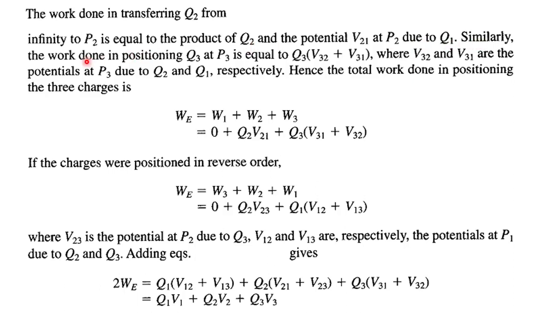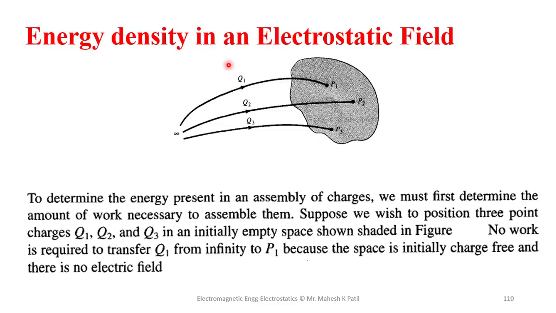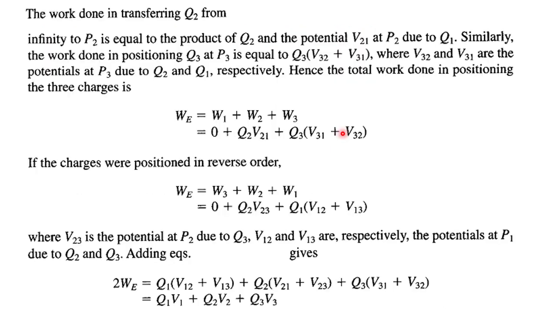Similarly, if you want to calculate the work done while moving the charge Q3 to position P3, you can observe here, this is the charge Q3. We moved it from infinity to the position P3. What is the work done here? It is basically equal to Q3 into V32 plus V31. V32 is the potential at P3 due to Q2, and V31 is the potential at P3 due to Q1.